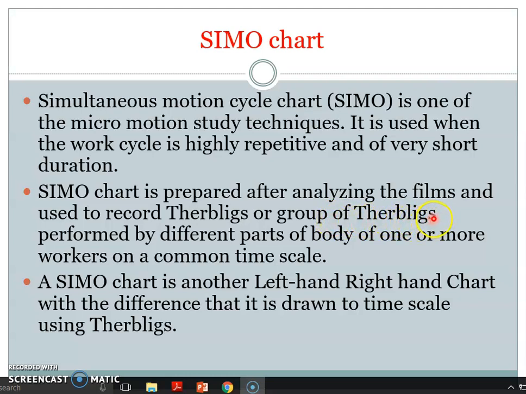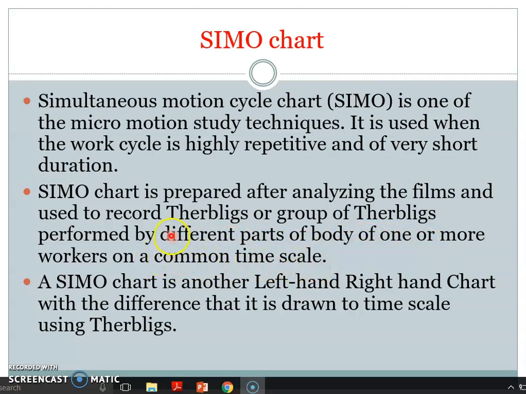For recording various hand motions or body motions, we can use these symbols for recording the various activities. These therbligs are used for recording the various movements of body parts, and these movements are recorded on a common time scale.